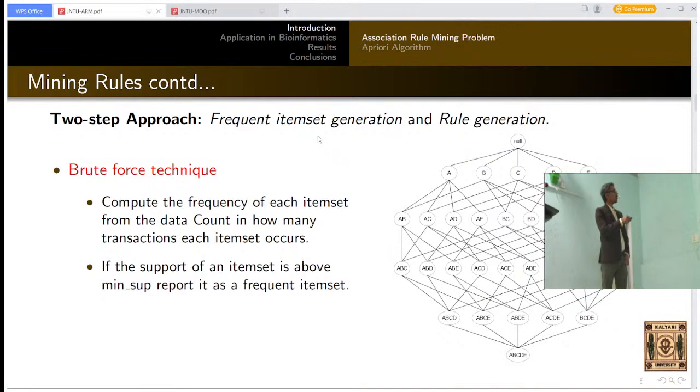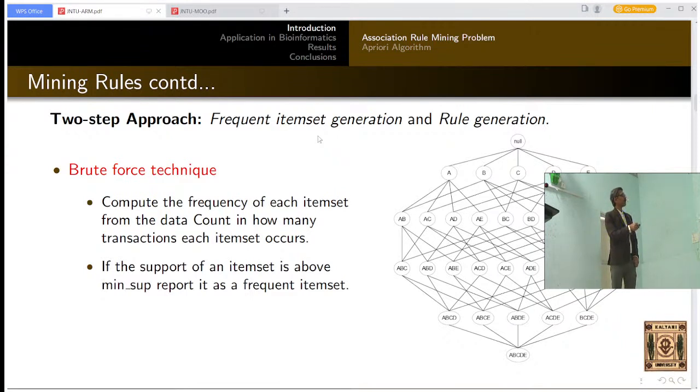So this is called an item set lattice, right? In the brute force method, the complete lattice is generated, and that is too many.